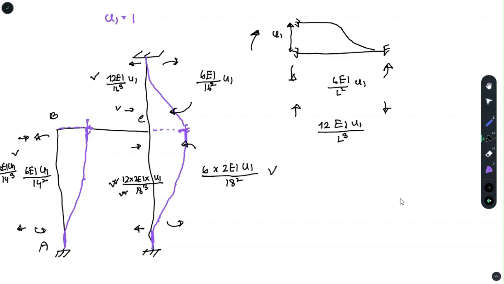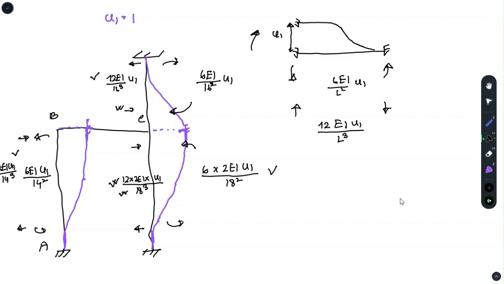It will also be positive, which is 12 EI over 16 cubed multiplied by E1. And this reaction here is 12 EI E1 divided by 14 cubed, which is in the right direction as well.